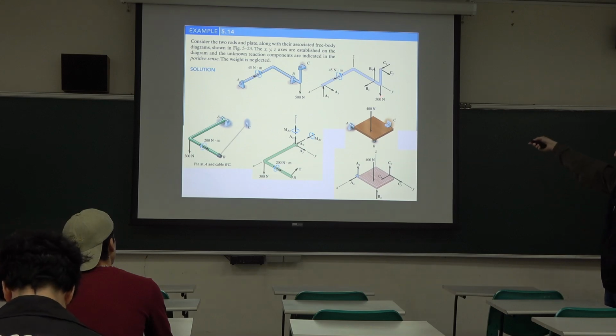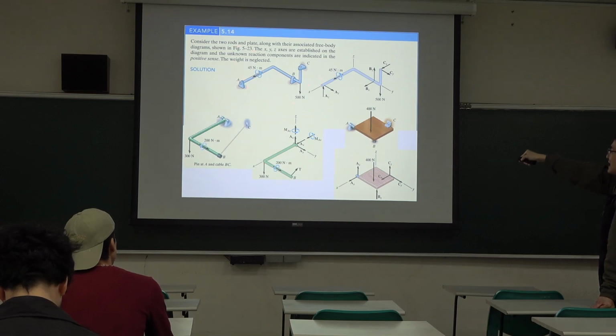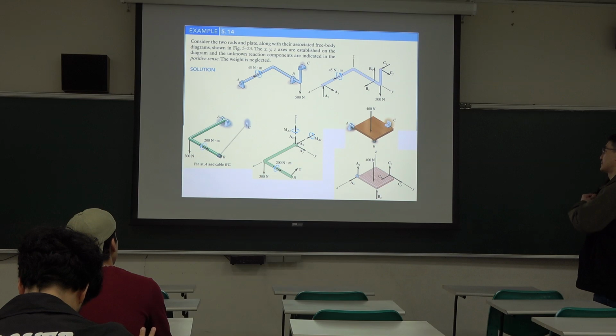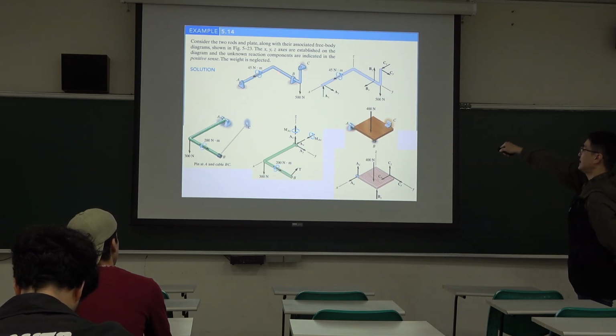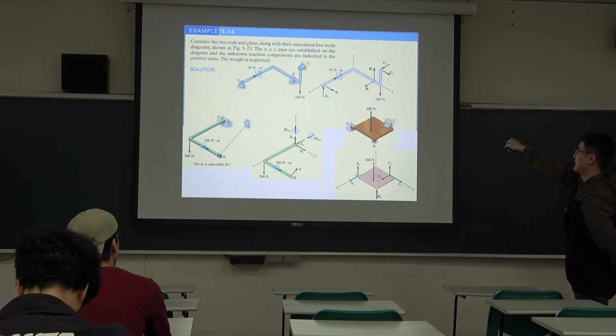So look at the first one. By observation, because in order to draw a free body diagram we need to observe the case, this kind of support provides Z and Y axis reactions. Similarly, point B also provides Z direction and X direction reactions.